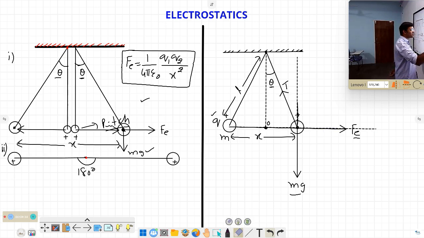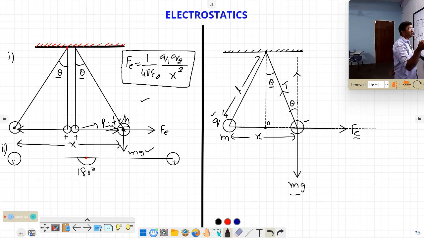With respect to this coordinate system, how much angle is the pith ball making? Theta. According to geometry, I can take the opposite angle also as theta. So the tension T makes an angle theta with this vertical dashed line.